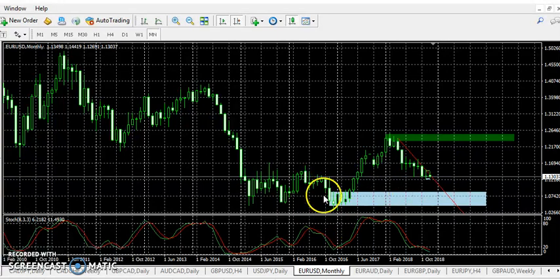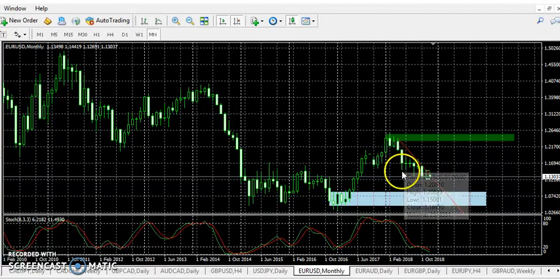That's why it's the color that it is, and we had a rally from demand. We had a structural retest of demand here to break these highs, and the highs were broken, and now that highs are broken, we wait for a structural retest of this impulse to be taken out.